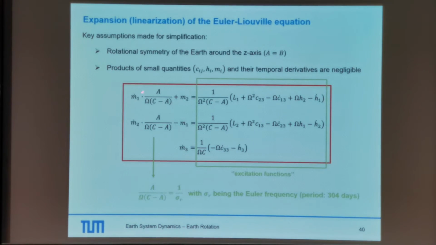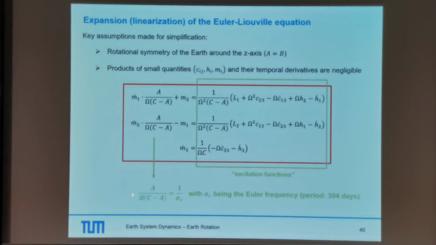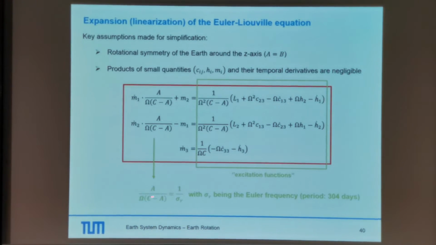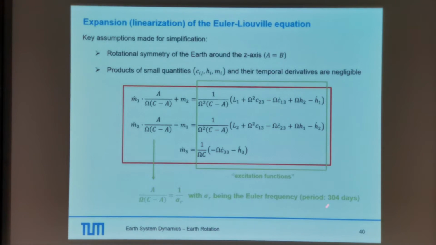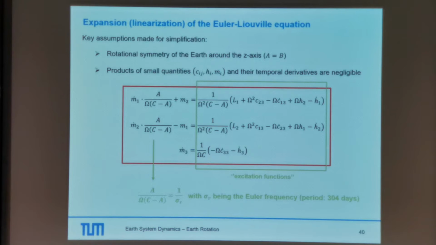And if we simplify the left-hand side again, we have this specific quantity here, A divided by omega times C minus A, which is more or less a constant. This is then 1 over sigma r, sigma r being the Euler frequency in this case, which has a period of 304 days.